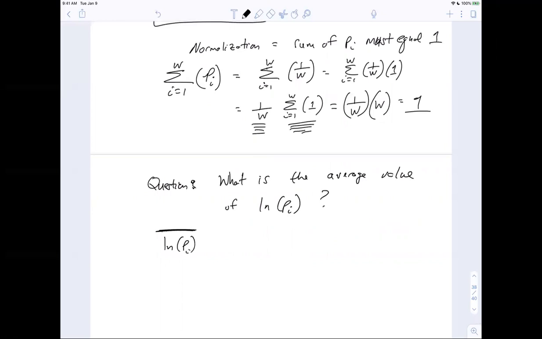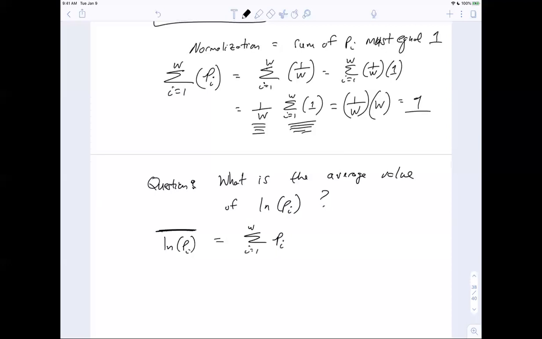This indicates an average of log of P sub I. You take a sum where I goes from 1 to W of the probability of a particular state, because log of P sub I is really the log of a probability of a particular microstate. We want to get the average by summing over all the states, considering log of P sub I for each one.